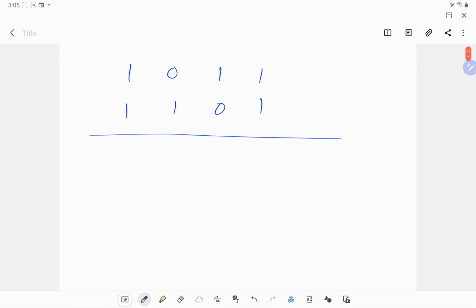So 1 and 1 will give us 0 but also a carry. Then 1 and 1 will give us 0 but also a carry. And 1 1 1 will give us 1 and a carry 1.